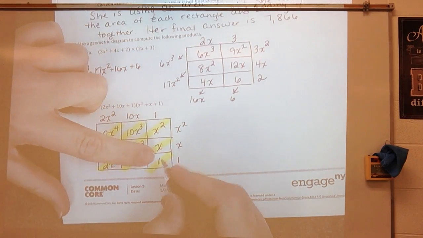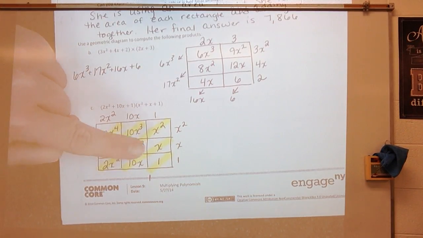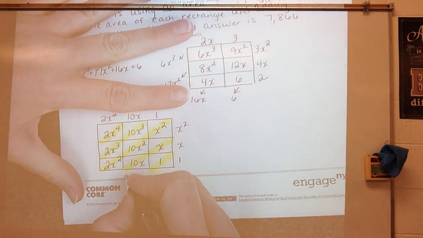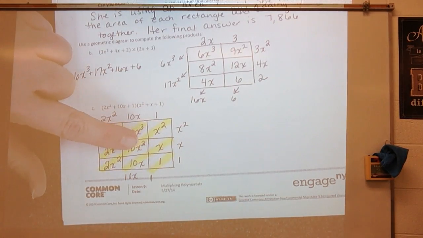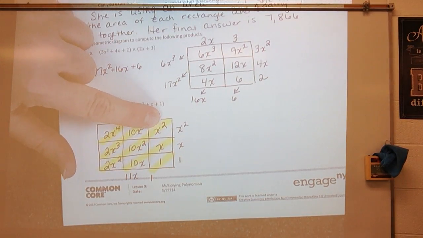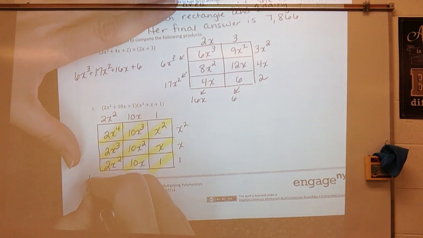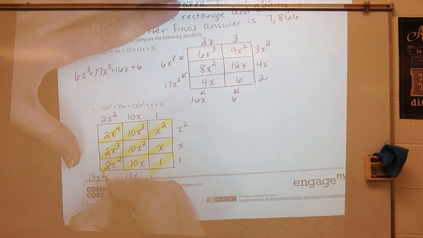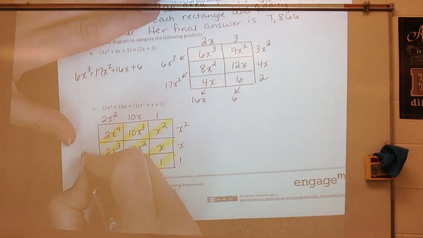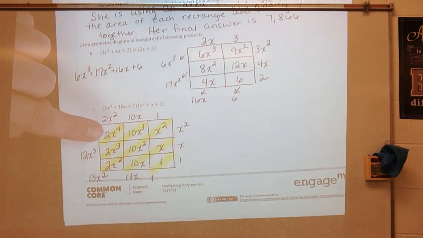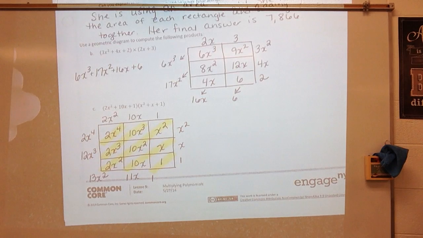My diagonals actually line up everything that I can combine. The only thing in this diagonal is 1. Here I've got 10x and 1x. That's 11x. 2x squared, 10x squared, and x squared. Well, 2 plus 10 is 12, plus 1 is 13x squared. 2x cubed and 10x cubed gives me 12x cubed. And then 2x to the 4th is the only thing there.